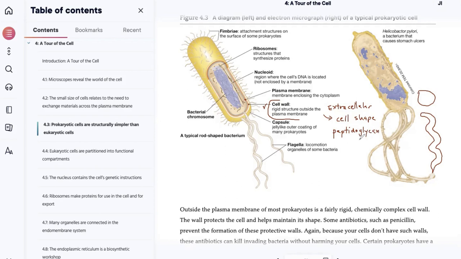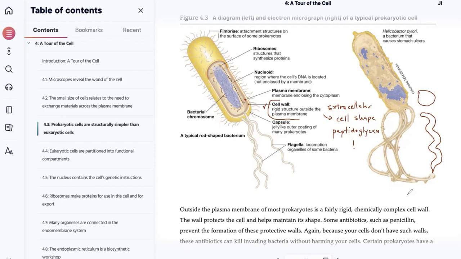Peptidoglycan is something that's unique to bacteria. So only bacterial cells have peptidoglycan, which is a really important thing for us to note, because anything that is particular and unique to bacteria is a potential target that we could use to treat bacterial diseases, right?